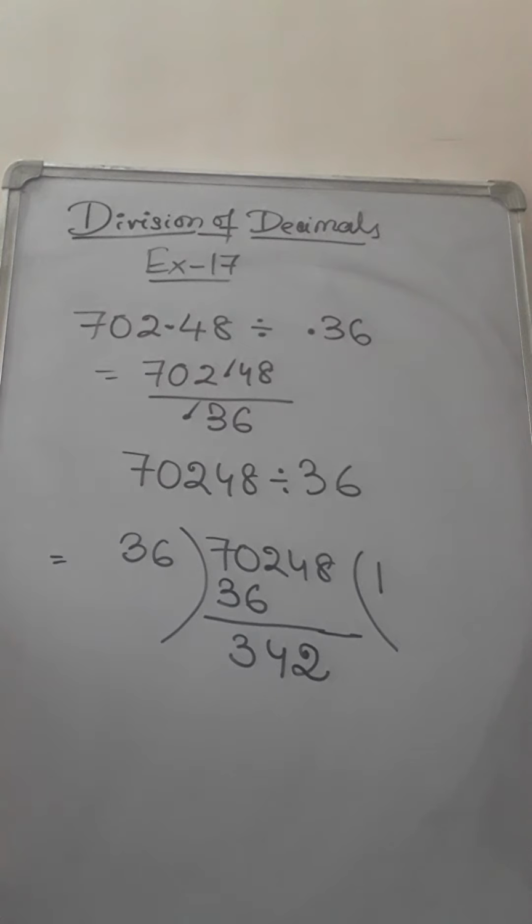So now you have to try 36 into how much can give you 342. See, 36 tens gives you 360, which is greater than this number.